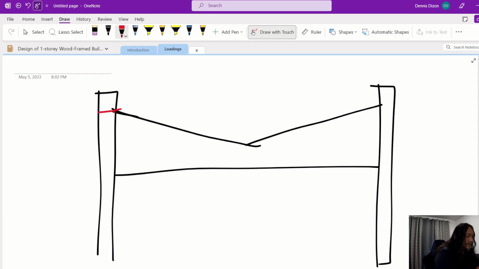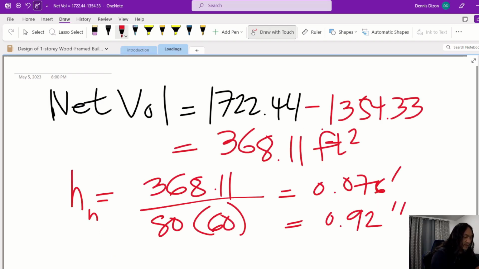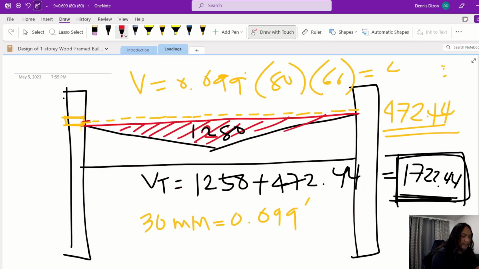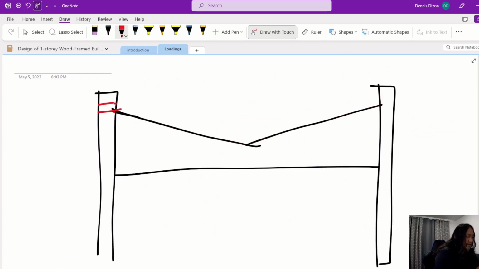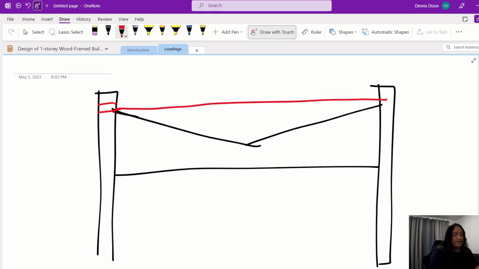so including the extra point, how much? 0.92 inches. Therefore, our maximum height, so this is already above the highest elevation of the roof. So the total height is 10.92 inches.